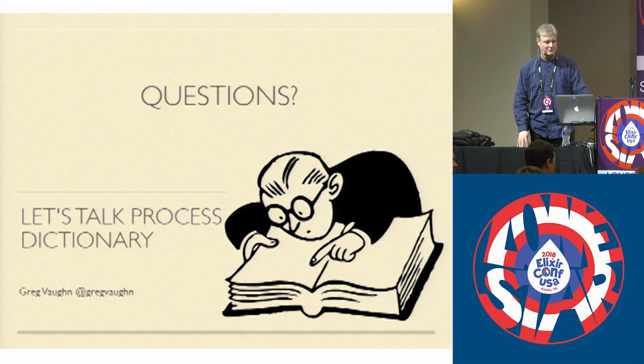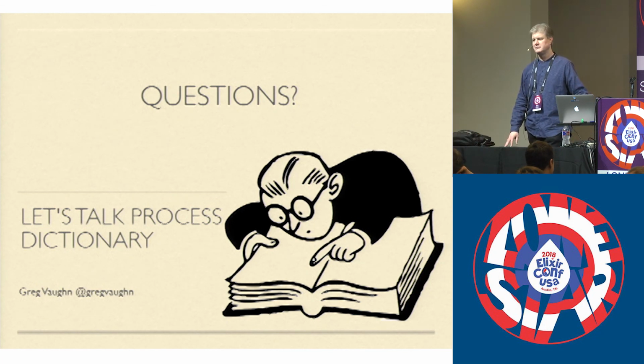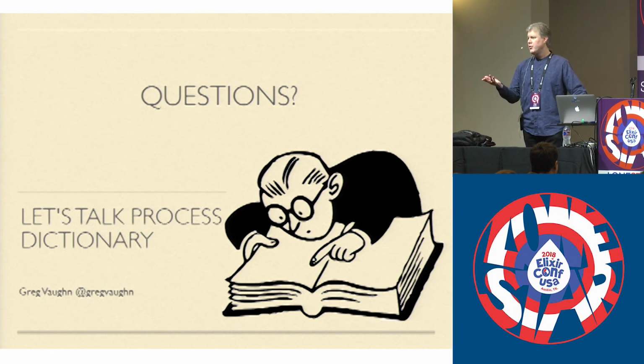Any more? Is the process dictionary inherited anyway? If you spawn more processes, does that stuff get copied down into child processes? No, it doesn't. That's what Luke asked a little bit earlier. That's one of the roadblocks.